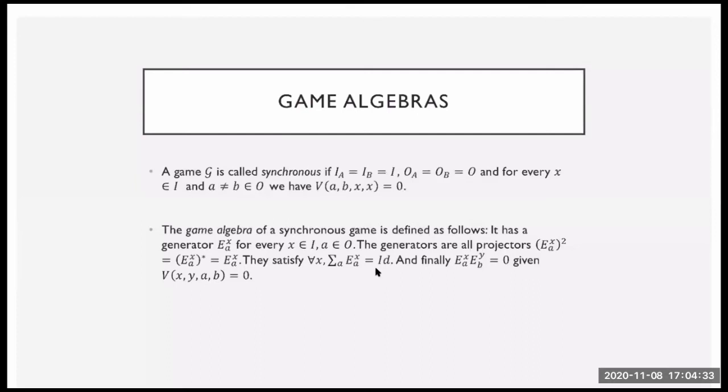Okay? And this, maybe I need to, no, everything is symmetric here, right? So it's okay that I wrote only multiplication on the right. It's the same if you multiply it from the left, okay? Okay, so you agree that this is a finitely presented algebra, and every synchronous game defines this kind of a finitely presented algebra.